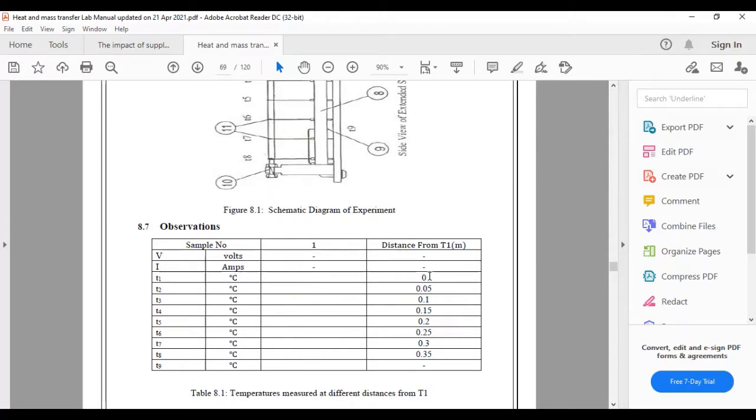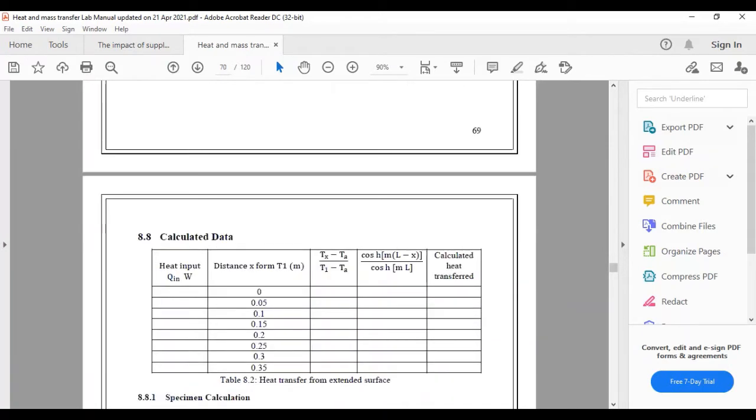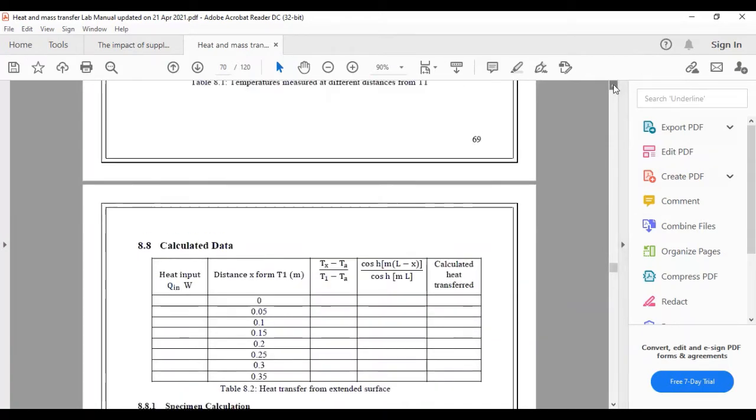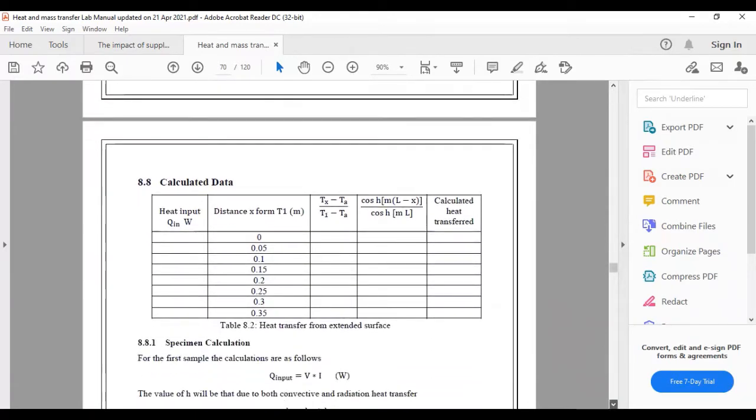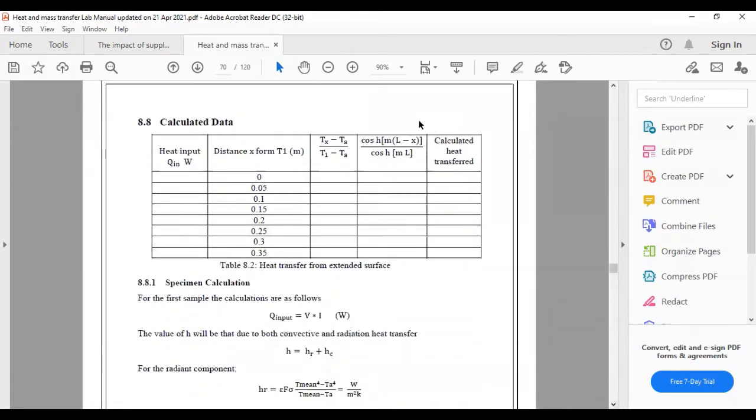The distance of all of these thermocouples or temperature sensors from each other is given. For example, T1 is at 0, T2 is at 0.05 from T1, and T3 is at 0.1 meter from T1, and so on; these distances are given for all of the sensors. Now we will move towards the laboratory and see how to perform this experiment of the extended surface heat transfer unit.